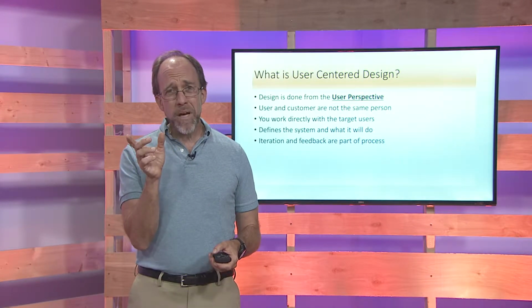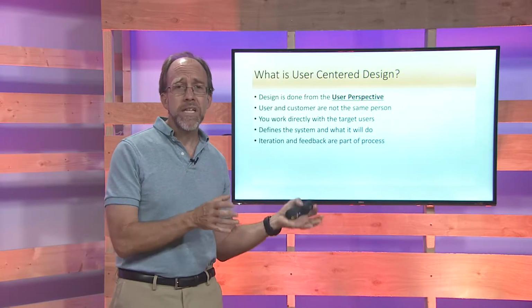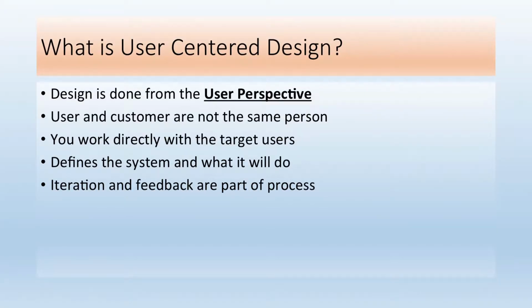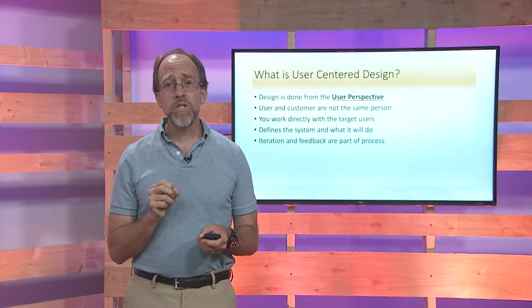So let's talk a little bit about user-centered design, because this is one of the key fundamental pieces in HCI. Remember that everything that we talk about today, we're going to cover in a lot of depth during this course. But in HCI, design is done from the perspective of the user. And it's understanding how to design things from the perspective of the user that is extremely important, because many designers love to design from their own perspective, and that would be the perspective of the designer.